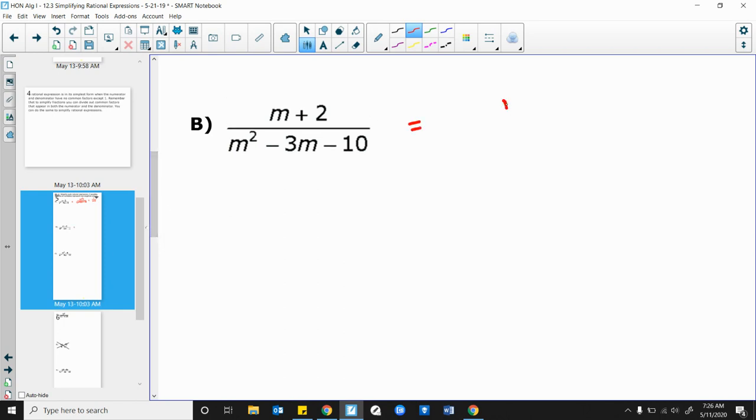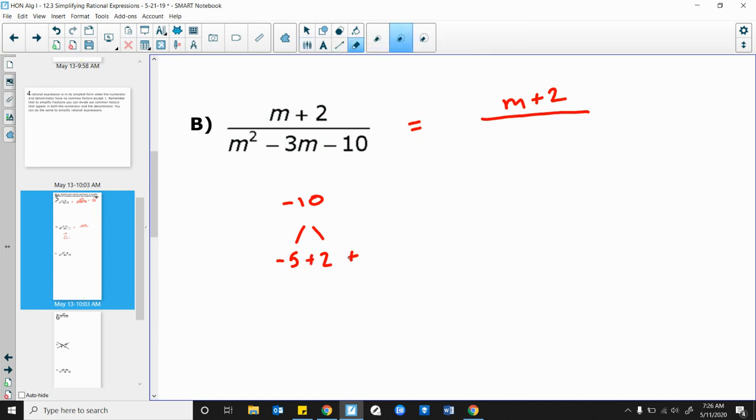So again, my m plus 2 can't change yet. Now I factor. What multiplies to get me negative 10 that adds to get me negative 3? I know it's going to be negative 5 and 2. And then if I add those, I'm going to have negative 3. So I multiplied to give me negative 10, and I added to give me negative 3.